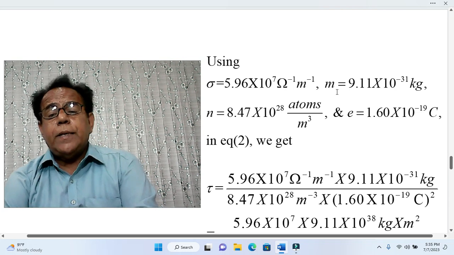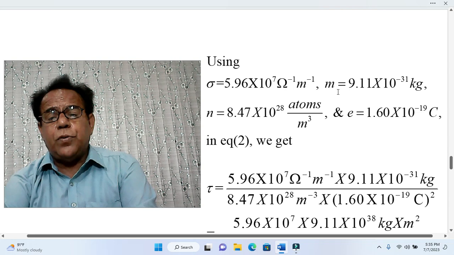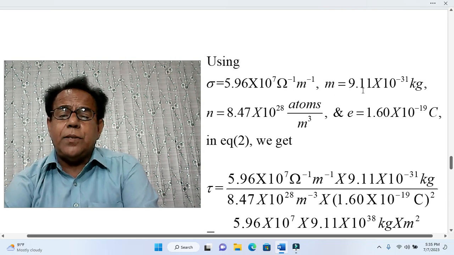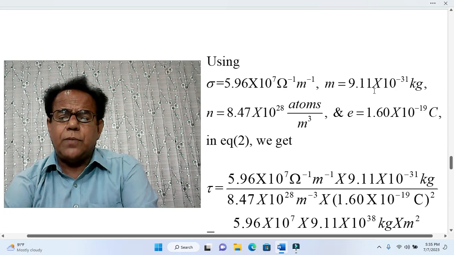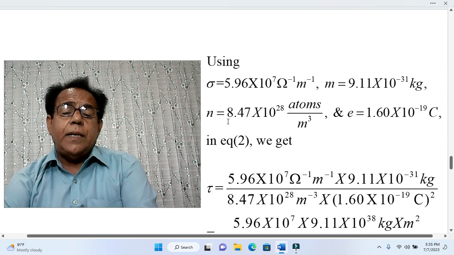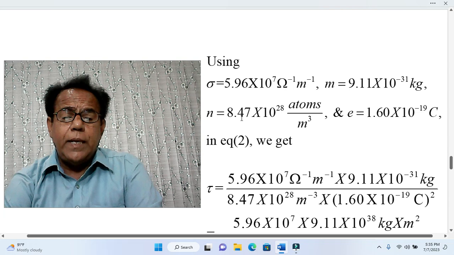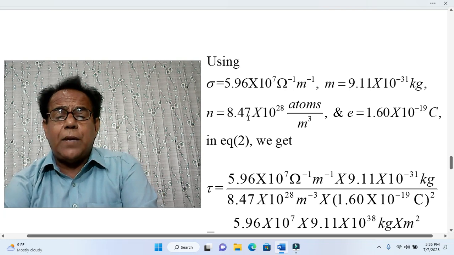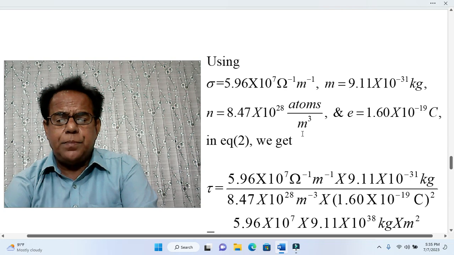Moreover, m, the mass of electron, is also given in the helping tool, 9.11 into 10 to the power minus 31 kilogram. And n is 8.47 into 10 raised to the power 28 atoms per meter cube.